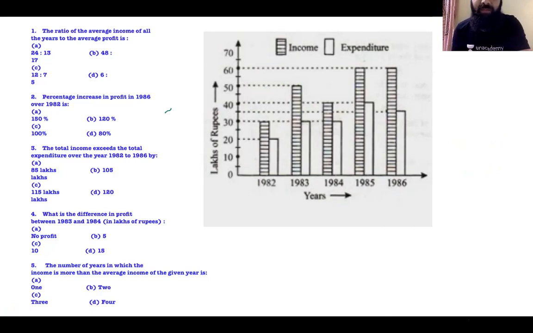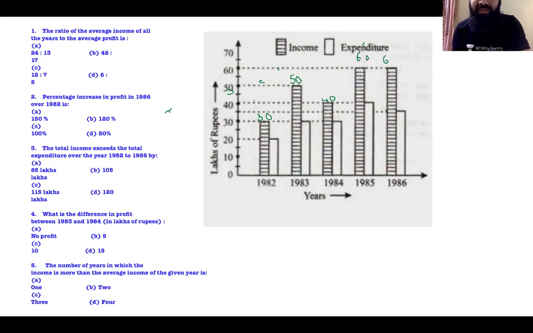This will be total income. This will be 30. This will be 50. This will be 40. This will be 60.